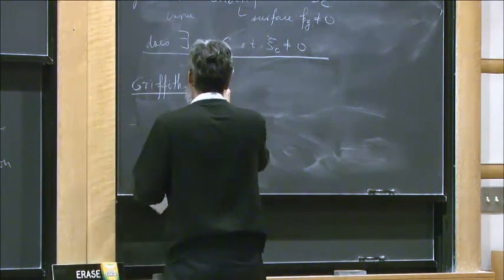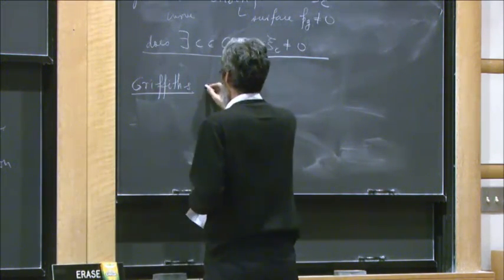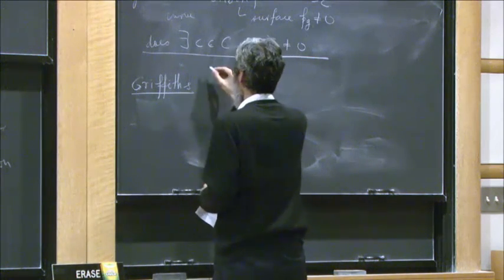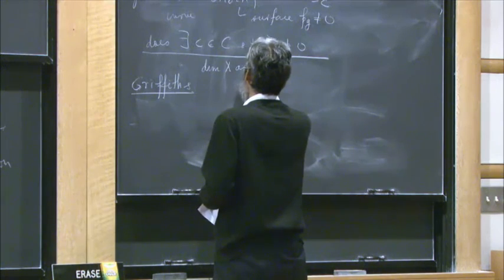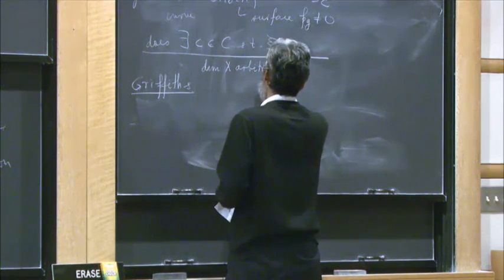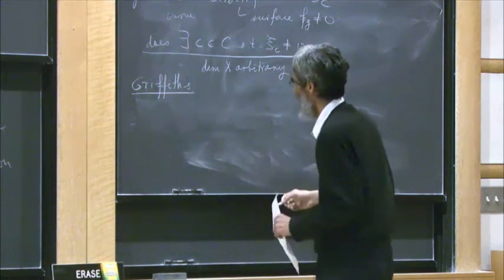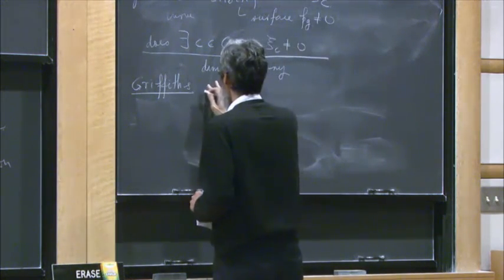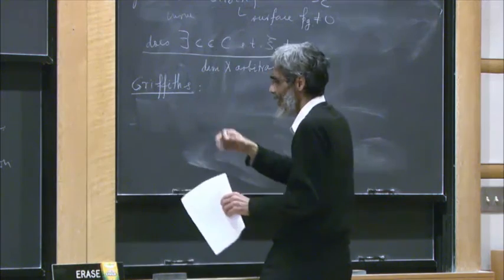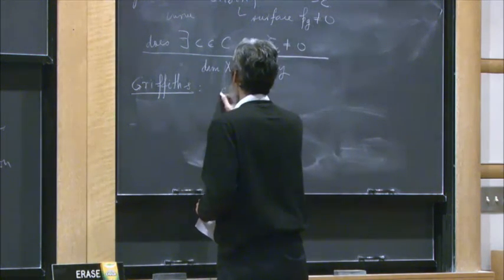So first you've got the cycle map. Here the dimension of X is arbitrary, and I'm writing it down only for codimension 2 because that's the only thing I'm using in this lecture, and a little more.